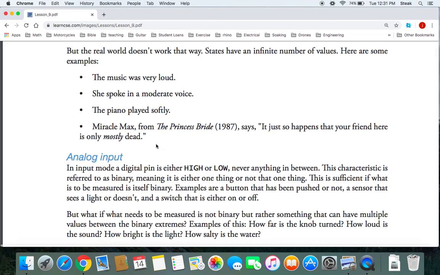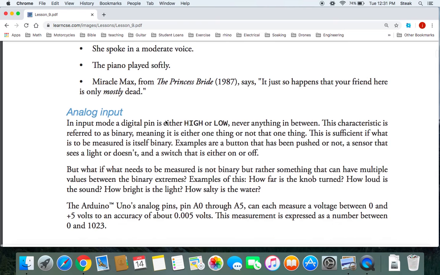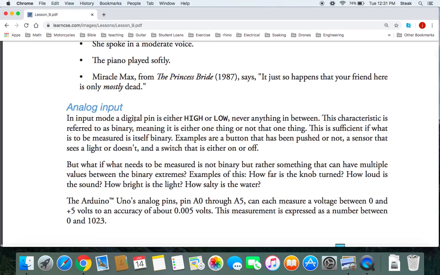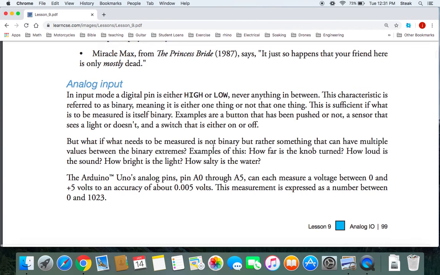Okay, moving on. Analog input. In input mode, a digital pin is either high or low, never anything in between. This characteristic is referred to as binary, meaning it's either one thing or not that one thing. Okay. So like a push button, either it's pushed or it's not.